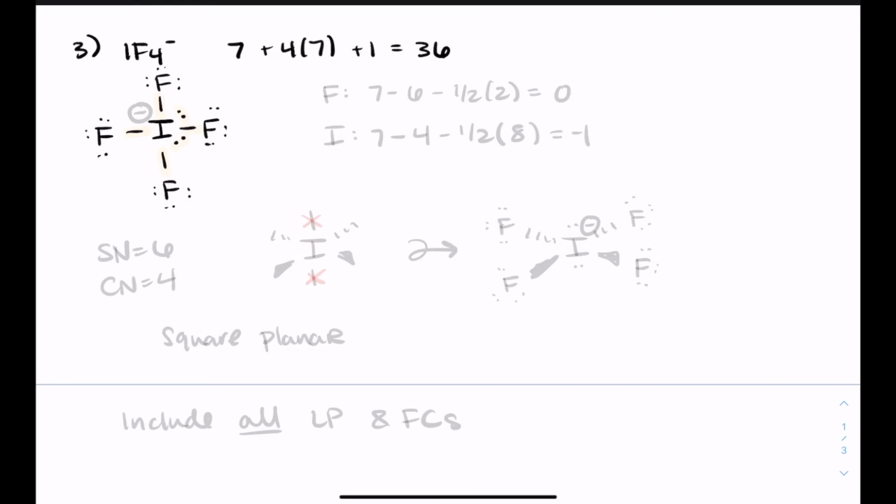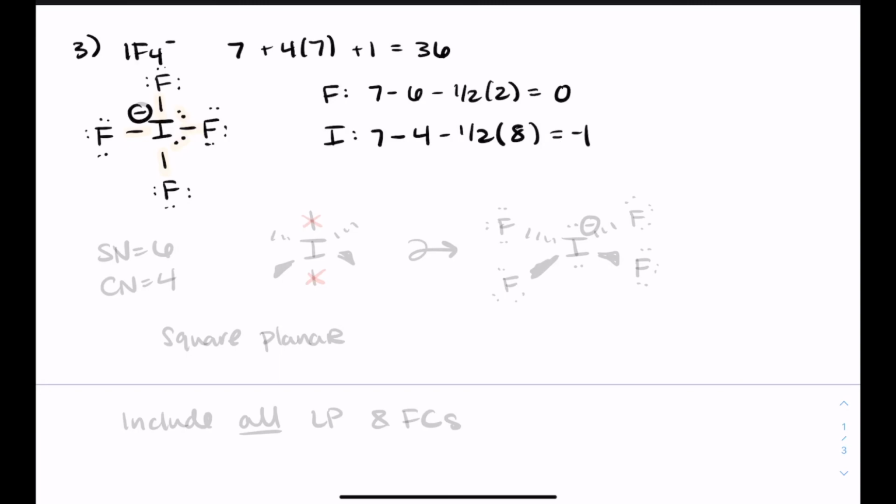So you can try this out if you would like, but there's no way for us to get that negative charge onto the fluorine without completely disconnecting it from the iodine. So this is the best Lewis structure, the best I could do. I met the octet for everything. I minimized my formal charge. It's not perfect, but it really is the best that I could do.